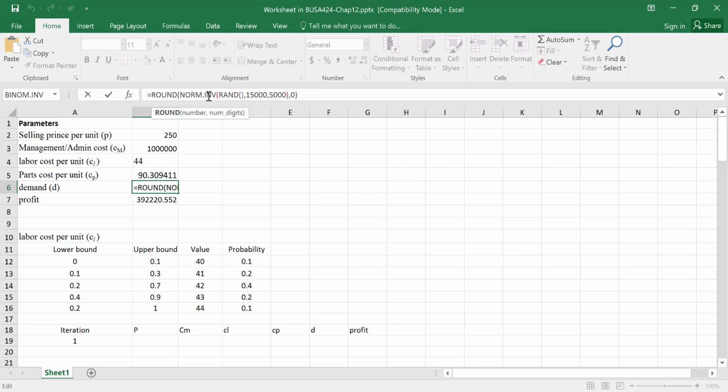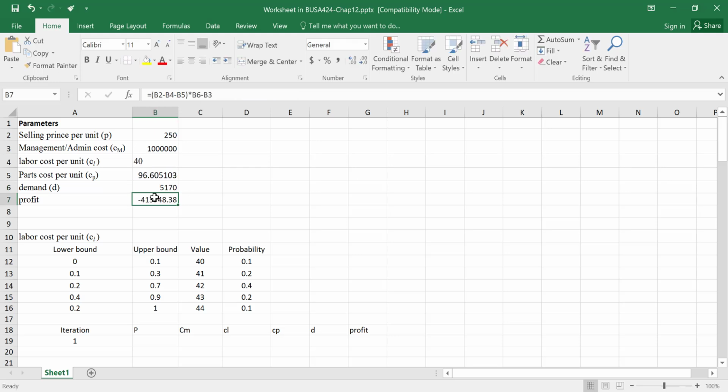And then we can round this. The first argument is the number that we got from the normal distribution, and then the number of digits that we want. So this is the way that we can do it. And the profit is basically P minus CL minus CP times the demand minus the administration cost.